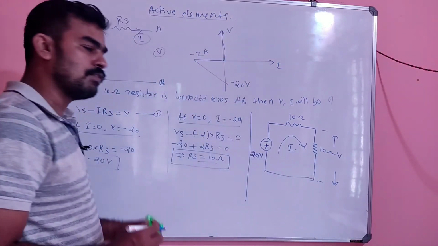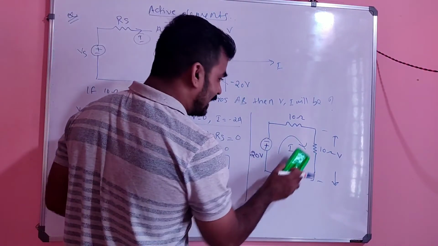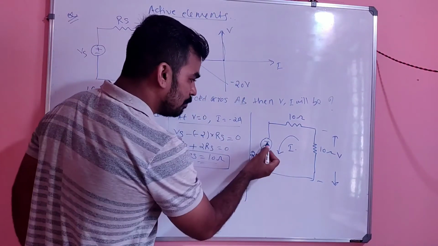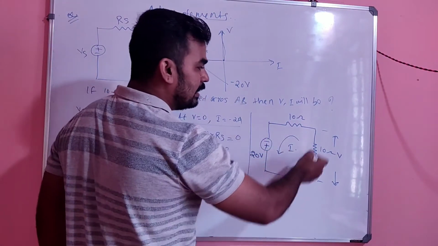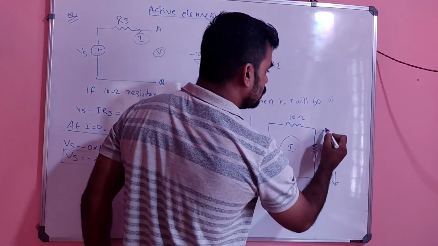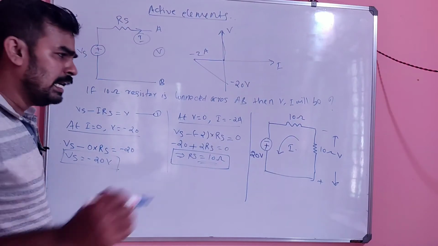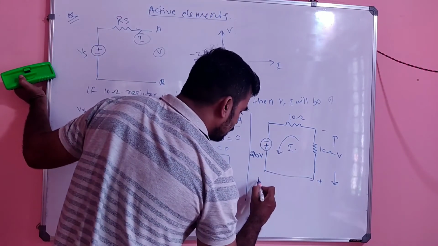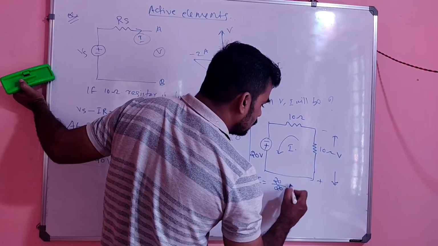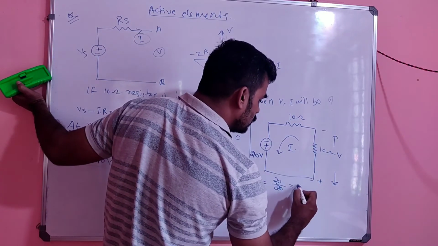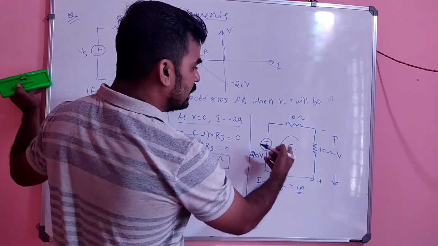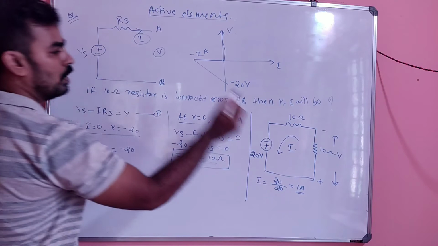This will be the current direction, because the polarity is reversed, so this will be plus and this will be minus. Let's see the value of I. I will be simply 20 by 20, series connection, so it is equal to 1 ampere.